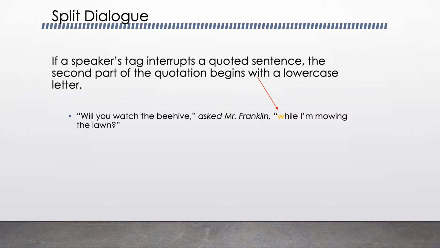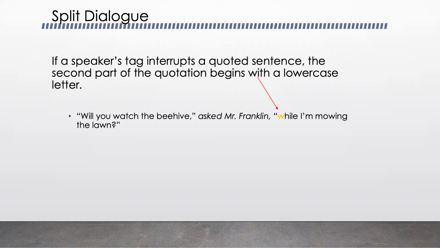Now, I referred earlier to split dialogue. This is where the quotation is split or interrupted by a speaker tag. There's an example here. "Will you watch the beehive," asked Mr. Franklin, "while I'm mowing the lawn?" If we look at the second part of the quote, "while I'm mowing the lawn," this part begins with a lowercase letter.